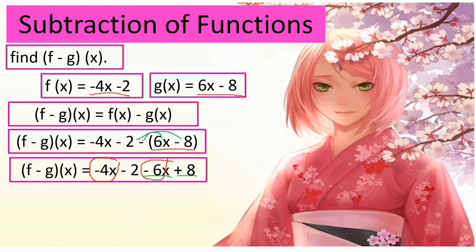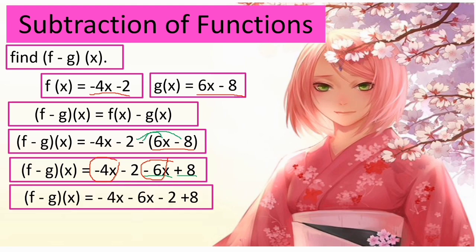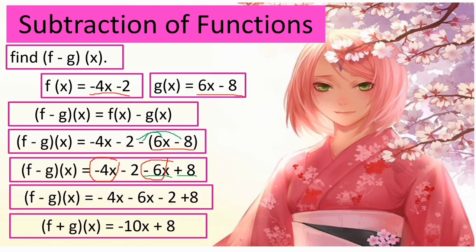Then, negative 2 plus 8 is equal to positive 6. So, that is our answer: negative 10x plus 6. May correction po dito. Dapat ito ay 6. Ayan. Thank you.